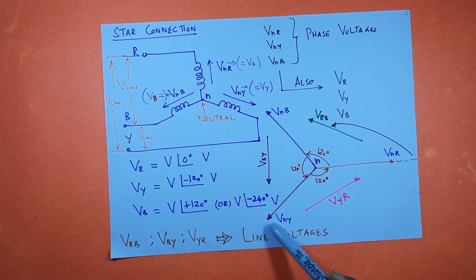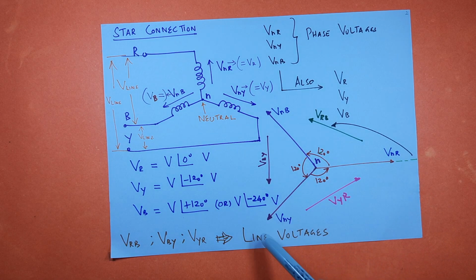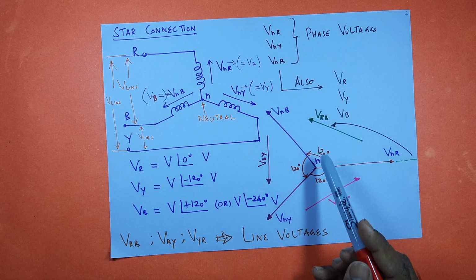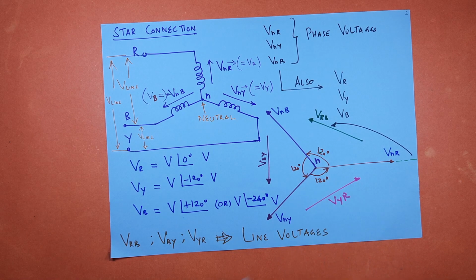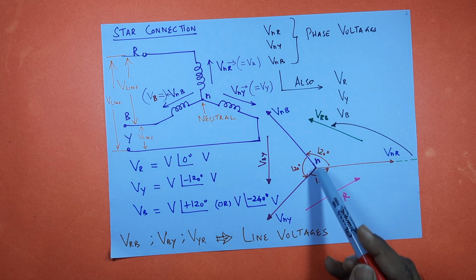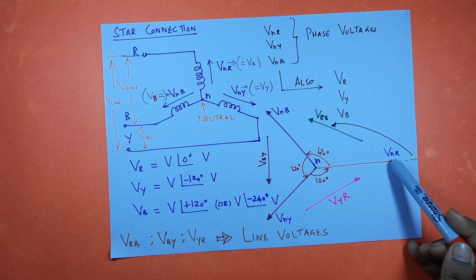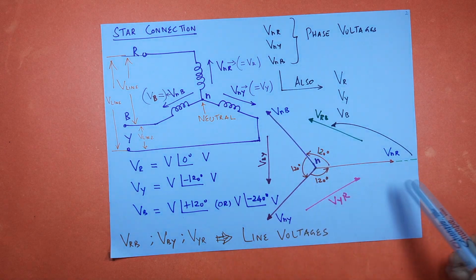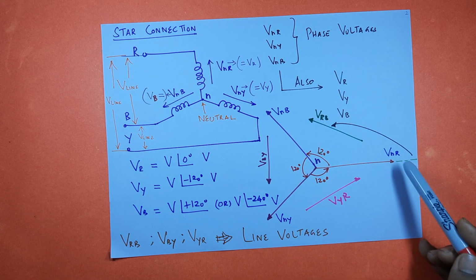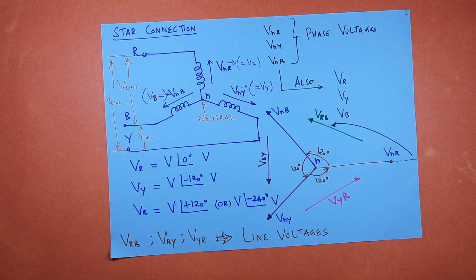After 120 degrees, this VY crosses this point. After 120 plus 120, after 240 degrees, this VB will cross this point. So this is your phasor diagram.